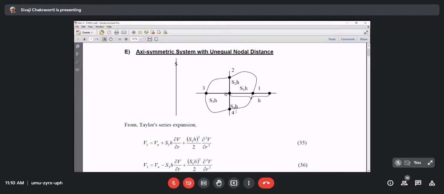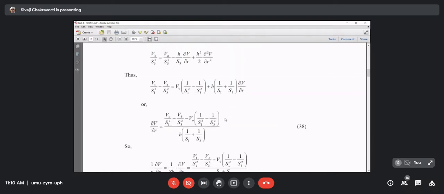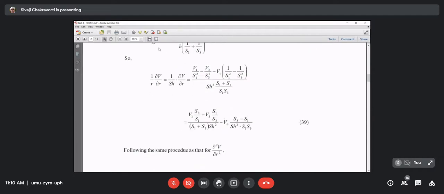So, this is represented as a dimensionless number s multiplied by h. Now, this s is not less than 1, it could be anything. So, here you can see in equation 39, 1 by r del v del r is represented as 1 by sh del v del r, where s is a dimensionless quantity, similar to s1, s3, etc. So in this way, we get the expression of 1 by r del v del r.